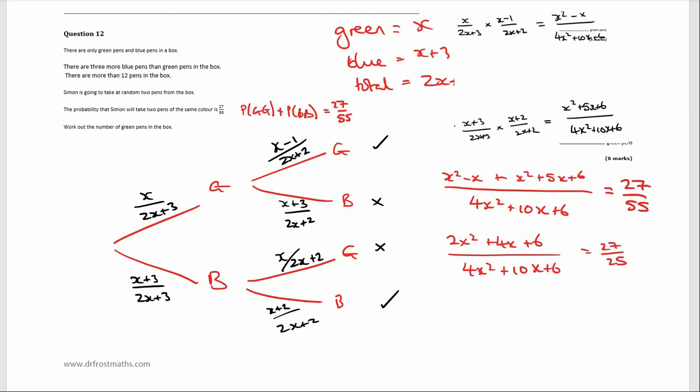I can divide top and bottom by 2 on this fraction, so I am going to do that because it'll make my cross multiplying easier. So x squared plus 2x plus 3 all over 2x squared plus 5x plus 3. And this is meant to be 55.